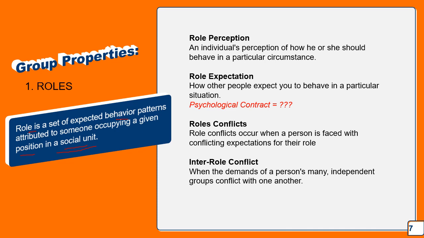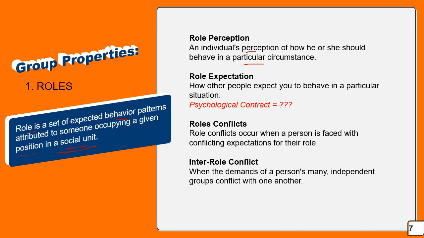So there are 4 things that you need to know about role. One is role perception. Role perception is defined as an individual's perception of how he or she should behave in a particular circumstance. So role perception is where we ourselves, holding that particular position, make our own perception of how we should behave with our position.